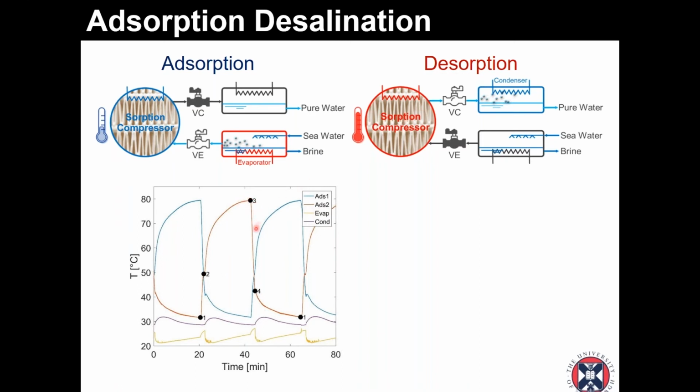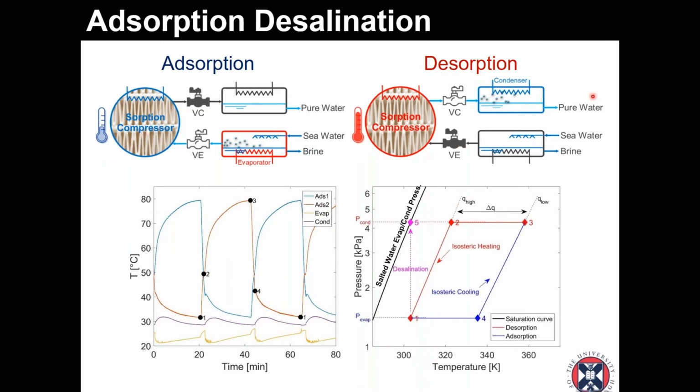Then we cool down back to 1 to have the adsorption again. In a thermodynamic diagram, this is usually visualized in a temperature-pressure diagram, in which we can visualize together pressure and temperature, and this is very useful, and also the amount of water retained in the material, which is the isostere.